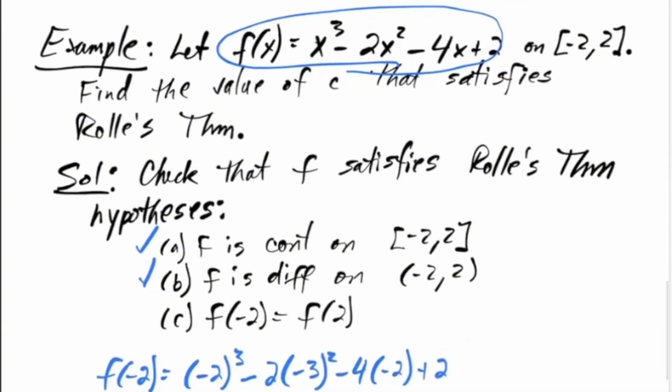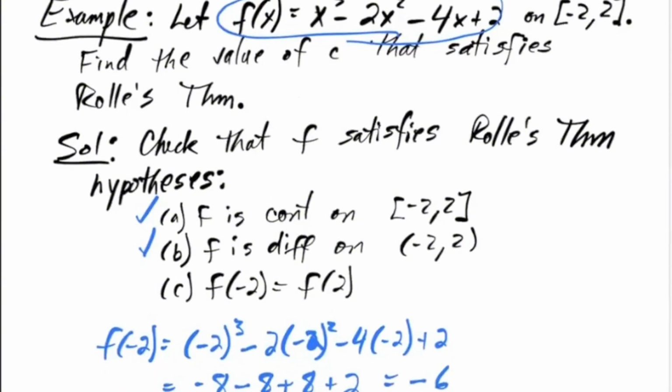Then I have -8, minus 2 times 4 is -8, and then -4 times -2 is +8, and then +2. That's going to equal -6.